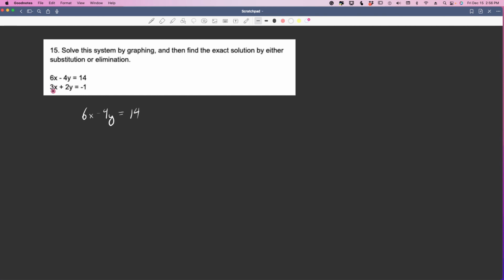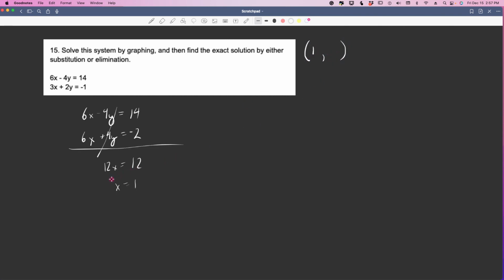So 2 times 3x is 6x. 2 times positive 2y is positive 4y. And 2 times the negative 1 is negative 2. So now this cancels, and I get 12x is equal to 12. So x is equal to 1. 12 divided by 12 is 1. So my first term, x is 1.